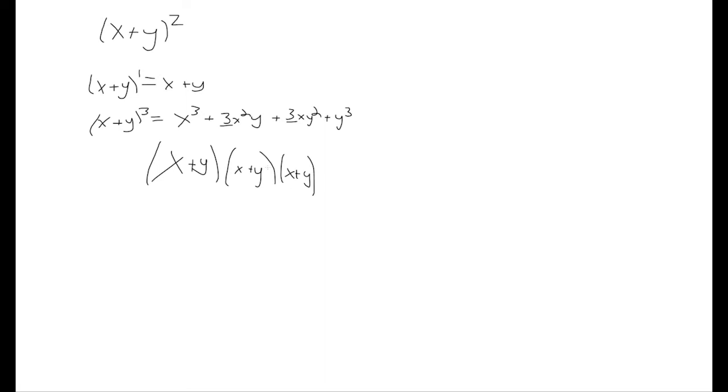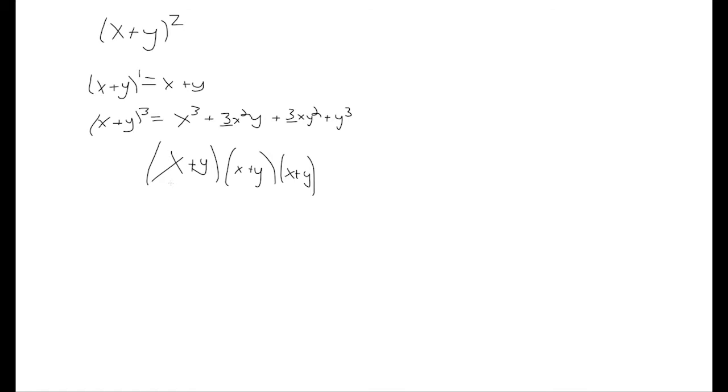(x plus y) cubed is this, right? It's (x plus y) times (x plus y) times (x plus y). Now, each of these three factors that are being multiplied together can either be an x or a y.